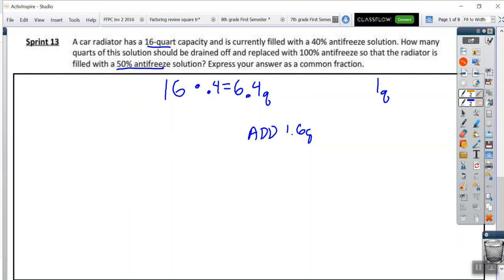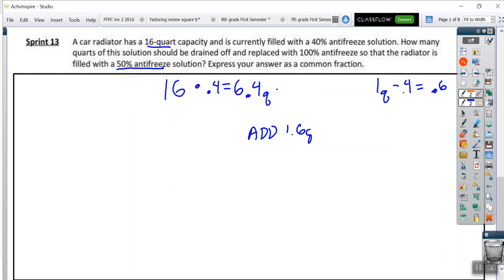Well, right now this is 40% antifreeze, which means that for each quart that I'm adding, I'm actually adding 0.6 quarts of antifreeze because I'm removing 0.4 quarts of antifreeze along with 0.6. So really the net gain is only 0.6, not 1.